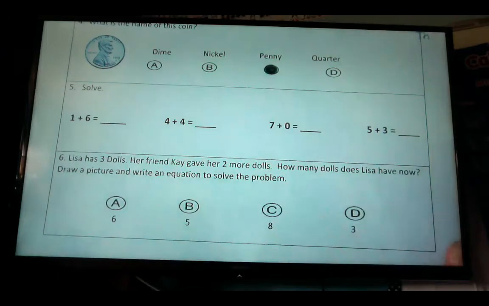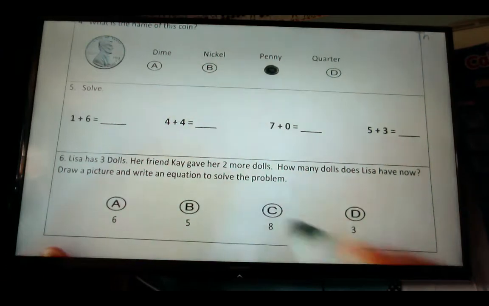Sometimes when I am solving a problem, I like to draw dots to help me. This is just one strategy that you can use at home or in school. So I'm going to draw a dot to represent each number. Watch.